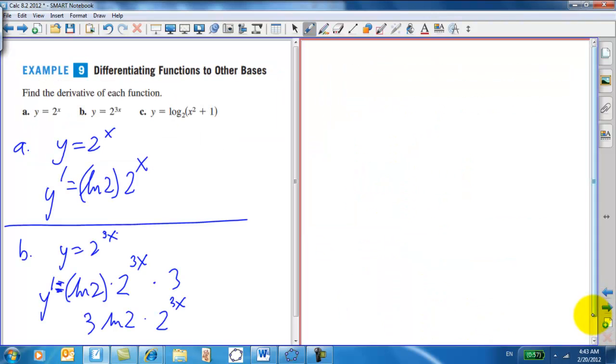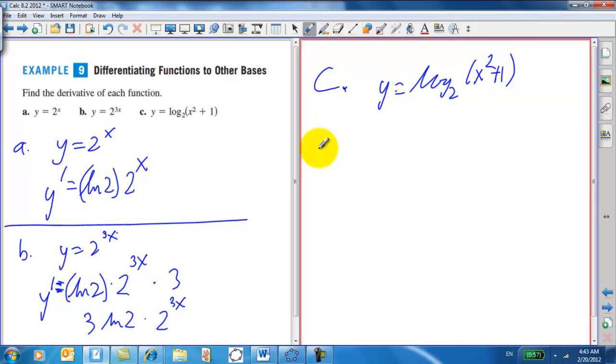And for c, y equals log base 2 of x squared plus 1. The derivative is, well, we're still going to have that 1 over x squared plus 1 idea. But you also have to put in the denominator the log of the new base that's other than e.